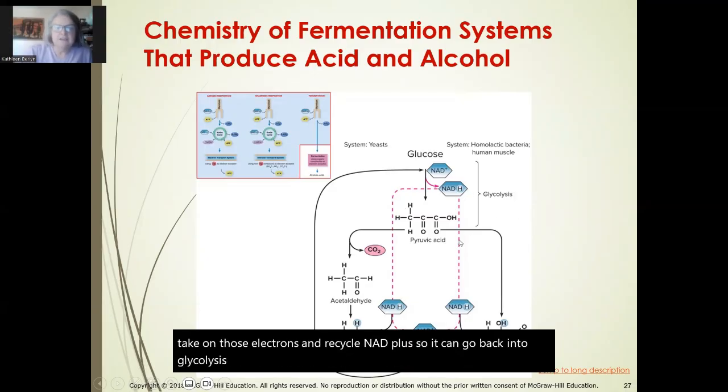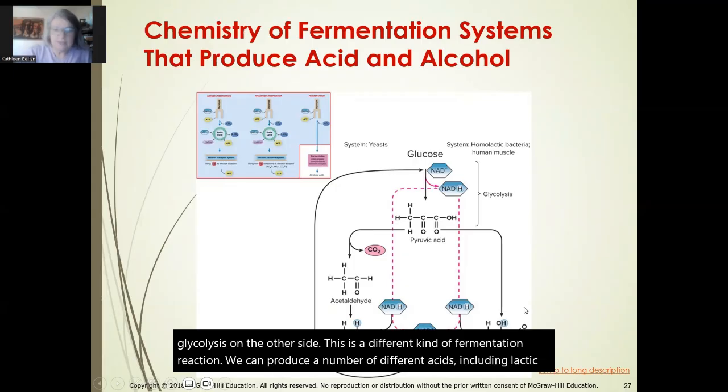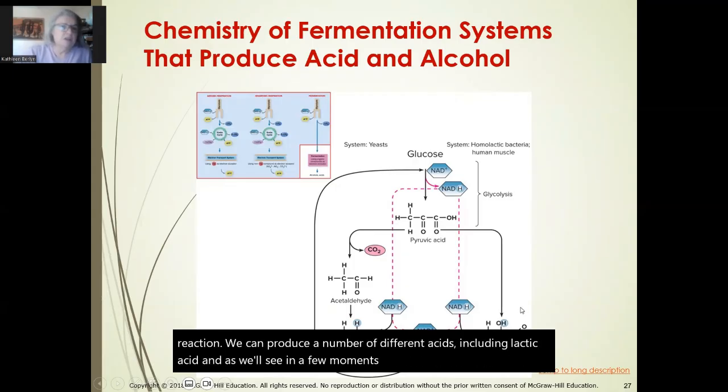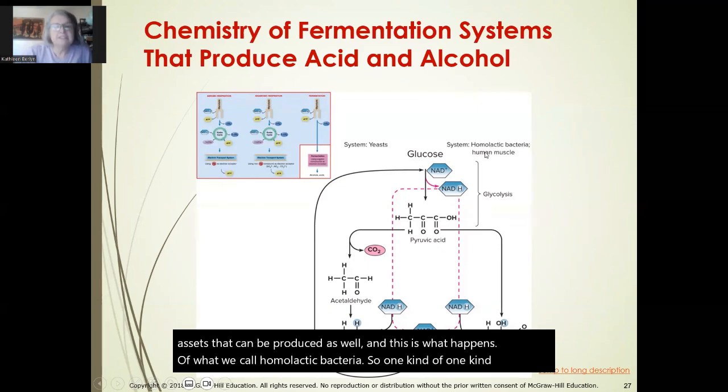On the other side, this is a different kind of fermentation reaction. We can produce a number of different acids, including lactic acid. And as we'll see in a few moments, there's other kinds of acids that can be produced as well. And this is what happens with what we call homolactic bacteria. So one kind of fermentation, a single type of acid being produced.